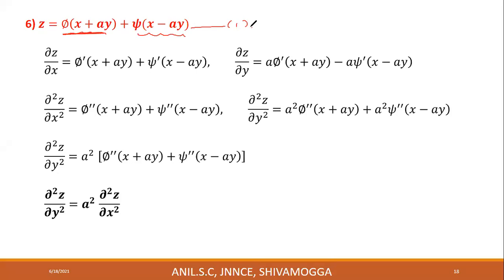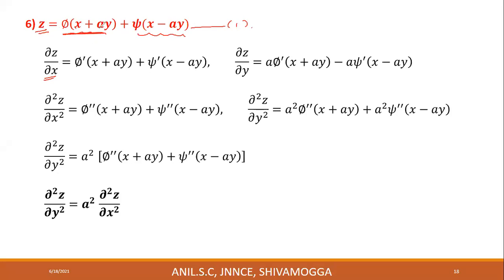Differentiate equation number 1 partially with respect to x and partially with respect to y. First differentiate partially with respect to x. Derivative of z is denoted by del z by del x. This is partial differentiation with respect to x, that means y is to be treated as constant.